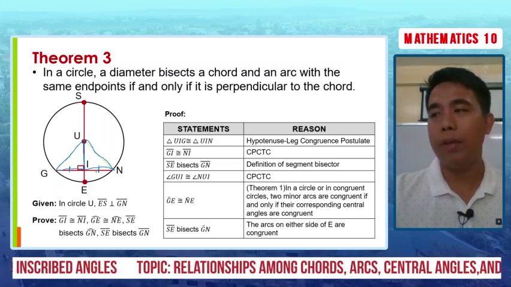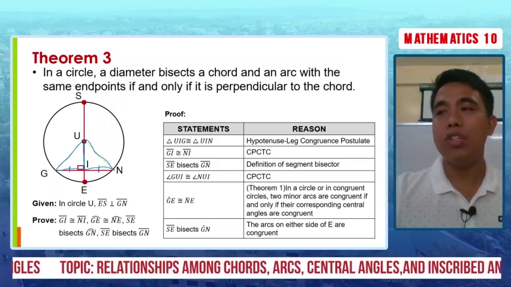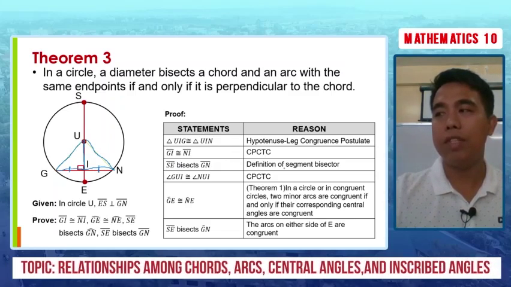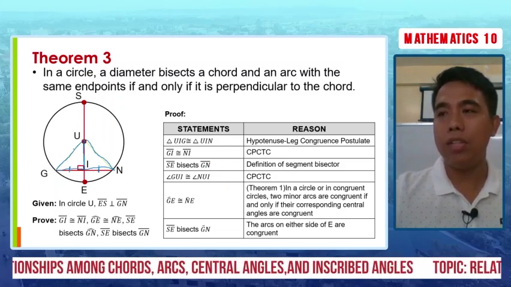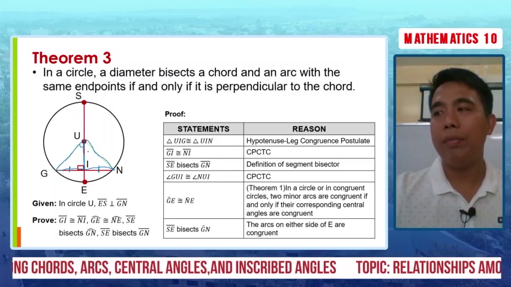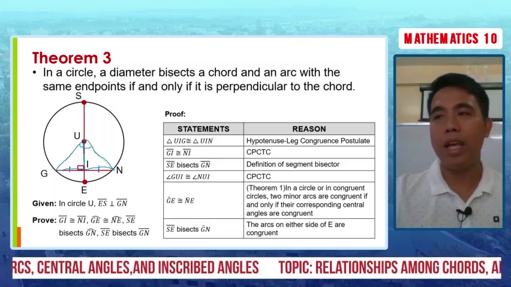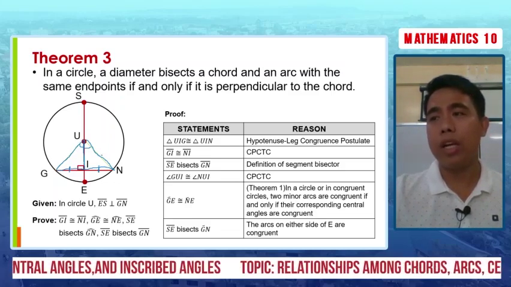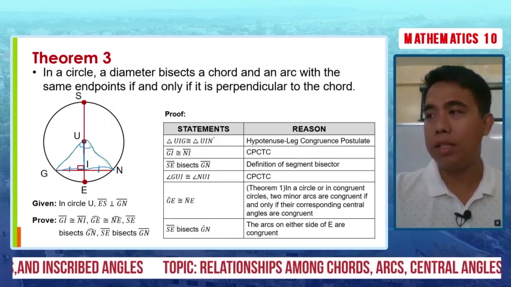This means that SE bisects GN by definition of segment bisector. And then angle GUI, yung angle na yan, congruent kay angle NUI by CPCTC. Kaya dahil these two triangles are already congruent, na-prove na natin yan based on this.